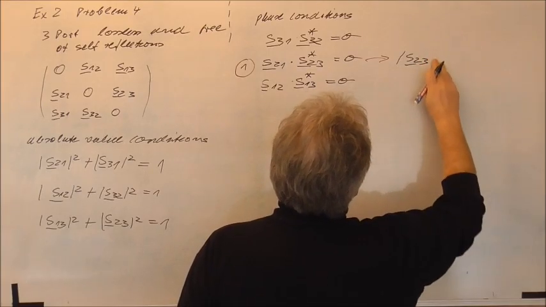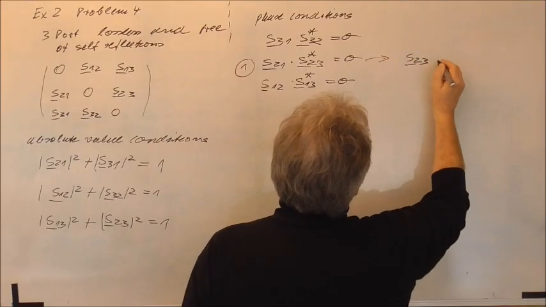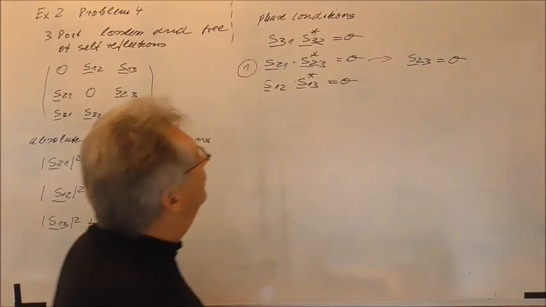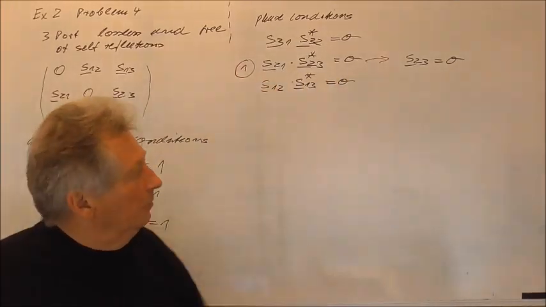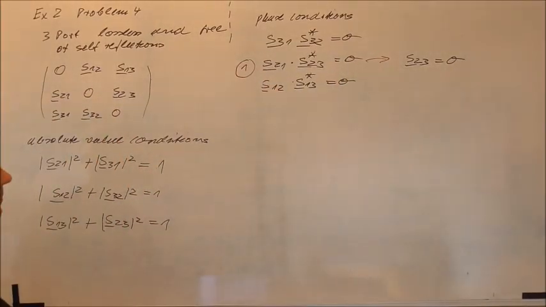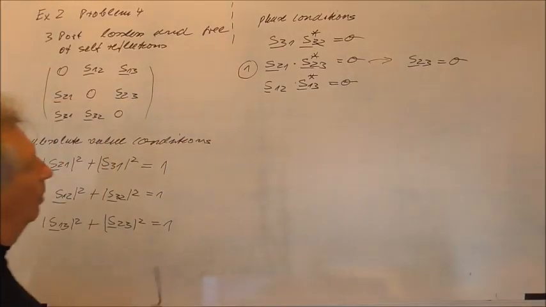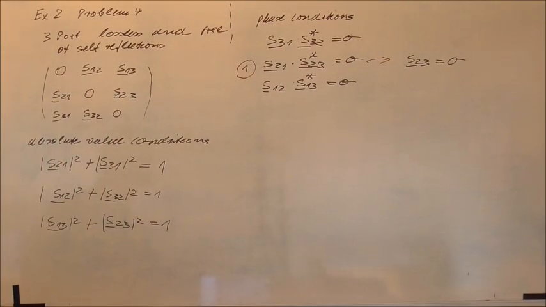Of course, if the conjugate complex has to be 0, also the normal complex value has to be 0.